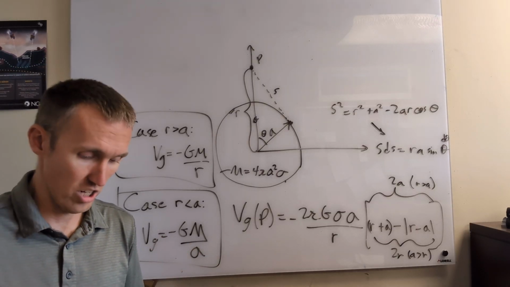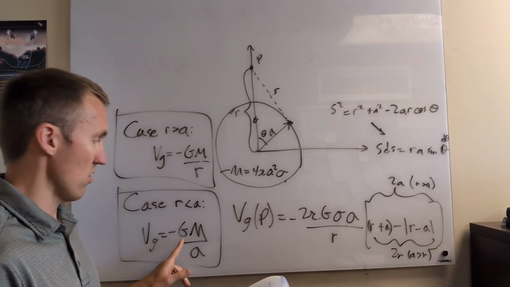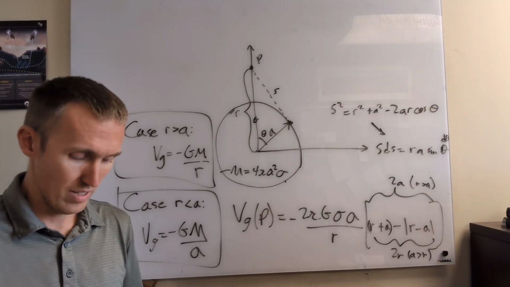Potential inside the shell: any point inside the shell is going to depend on the gravitational constant times the total mass of the shell times the radius of the shell.